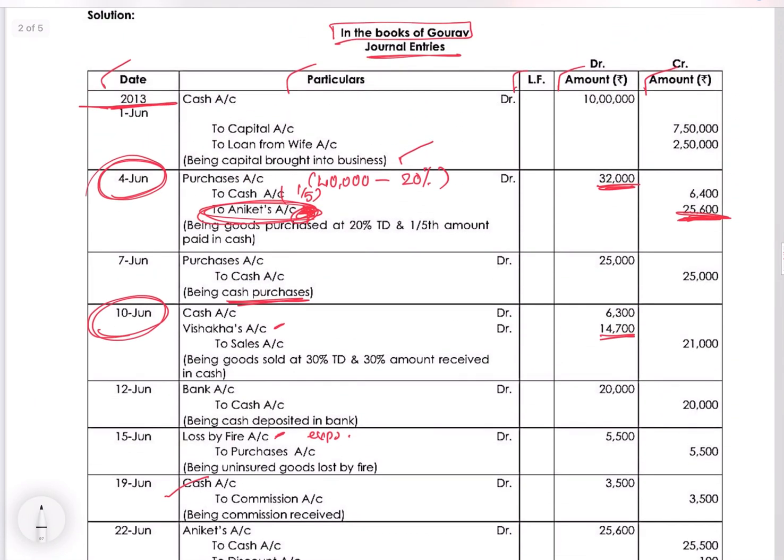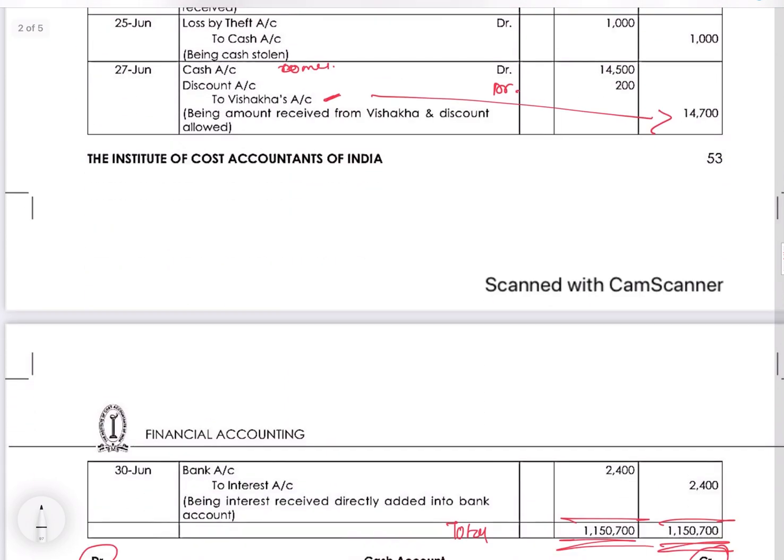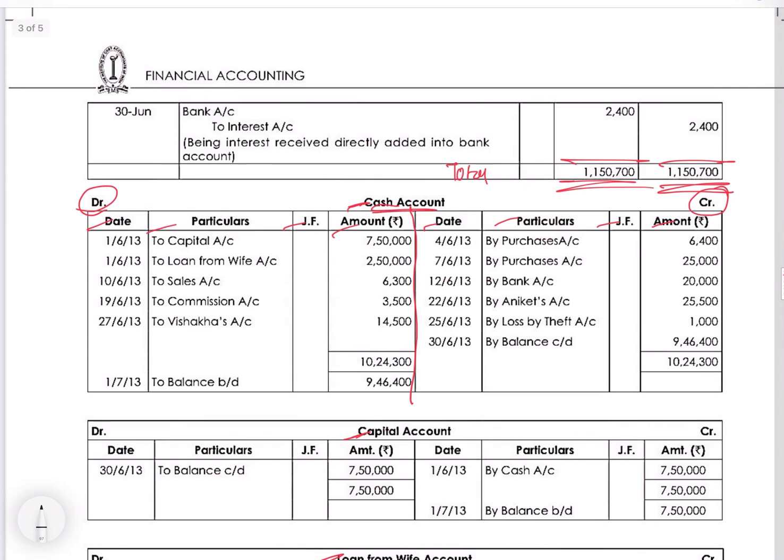First, on 1st June, cash account should be debited with 10 lakhs. So I am debiting cash account by 10 lakhs. How did I get 10 lakhs? I put the date 1st June, to capital 7 lakh 50, to loan from wife 2 lakh 50.